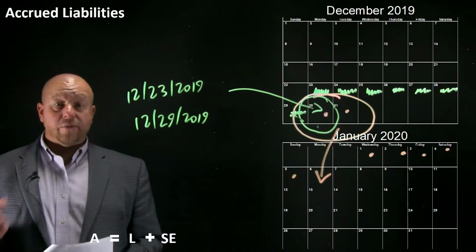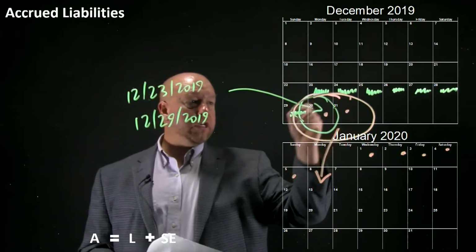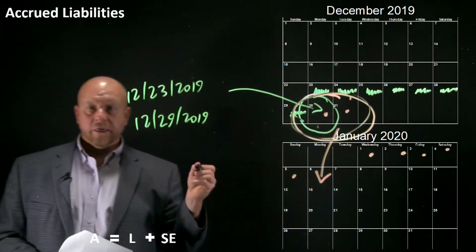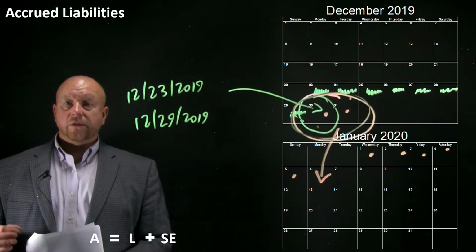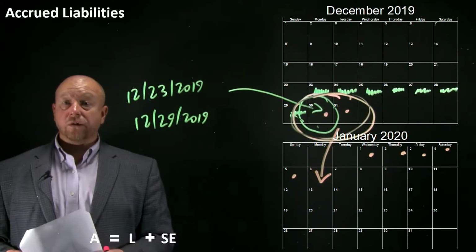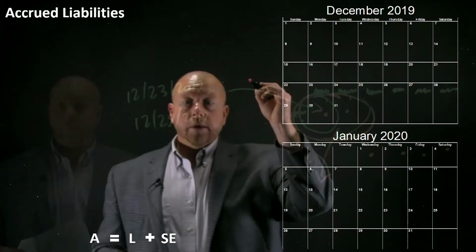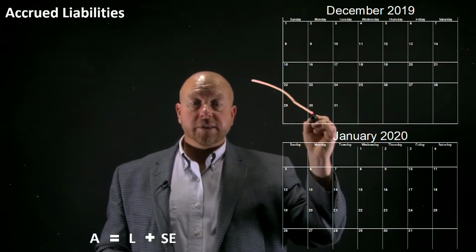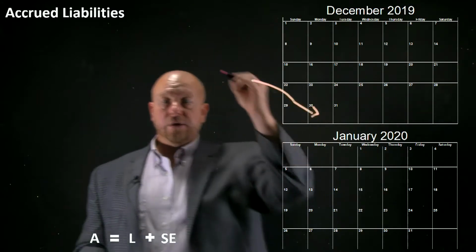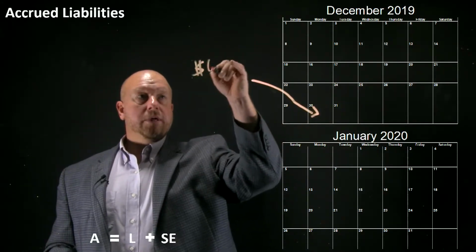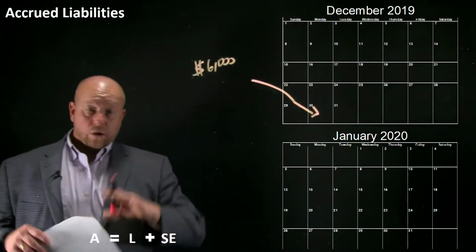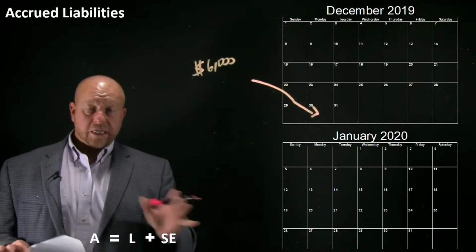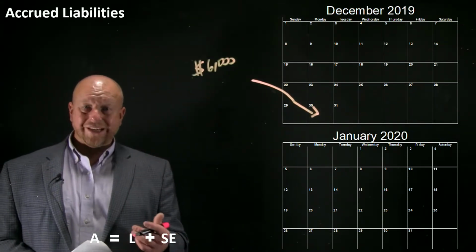So we have to have a mechanism for capturing the cost of these 2 days and getting it into the 2019 financial statements so that we can have an accurate measure of our payroll for that period. So let's put some numbers with this. On Monday, the 30th, our employees earn $6,000. In other words, for all of our employees, we figure out the salaries and wages that were incurred that day.